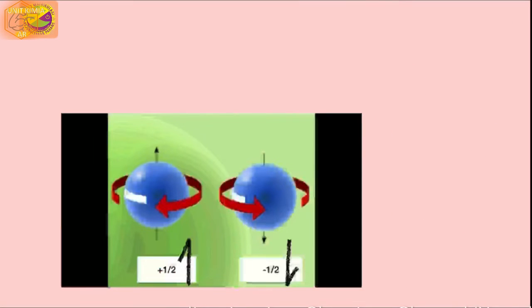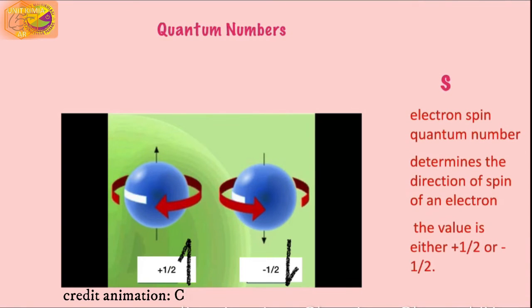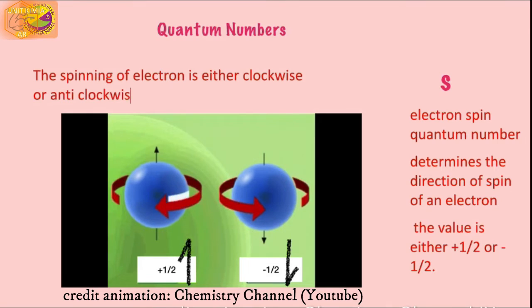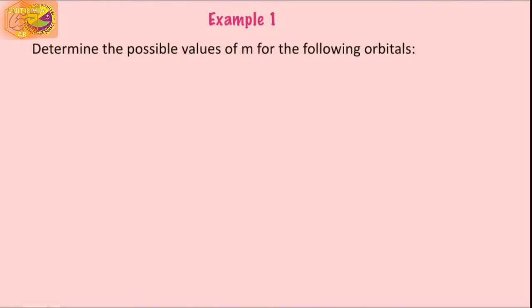Lastly, but not least, electron spin quantum number. The spinning of electron is either clockwise or anti-clockwise, with the value of plus half or negative half, as you can see in the following video. Example 1. Determine the possible values of m for the following orbitals.